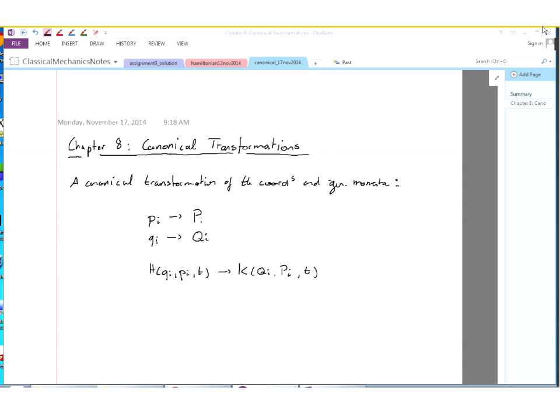Okay, so calling it the Camiltonian is not particularly useful. It's still the Hamiltonian, it's just expressed in terms of the capital Q's and capital P's.